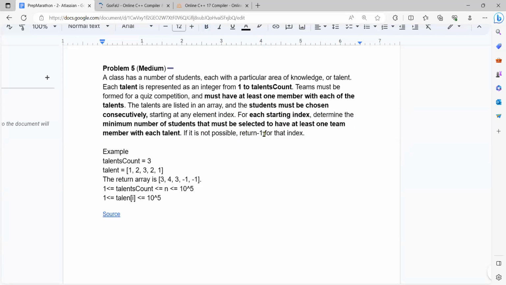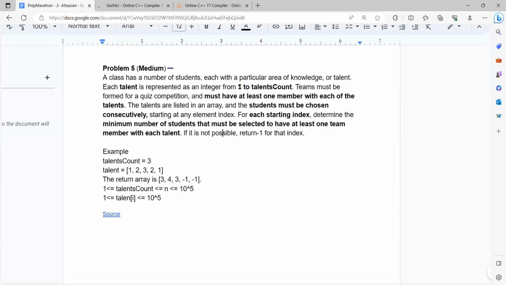So I hope you read the problem. The problem is: a class has some number of students, let us say n students, each with a particular area of knowledge, or a talent. You are given a talent array which tells you their talent, or area of knowledge. Each talent is represented by a value from 1 up to an upper limit, the talents count.